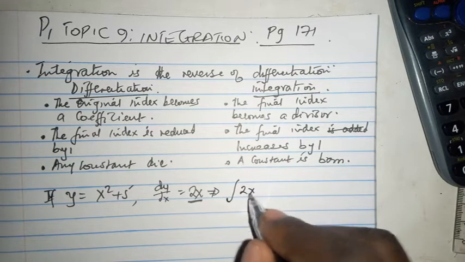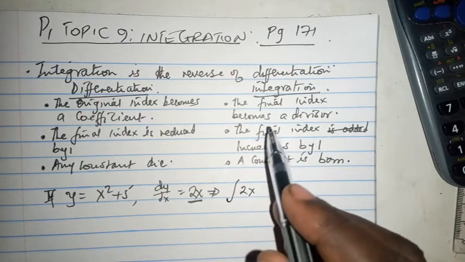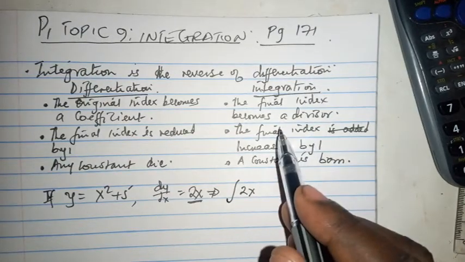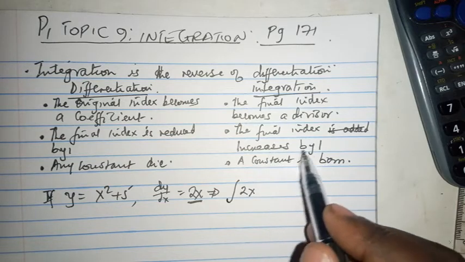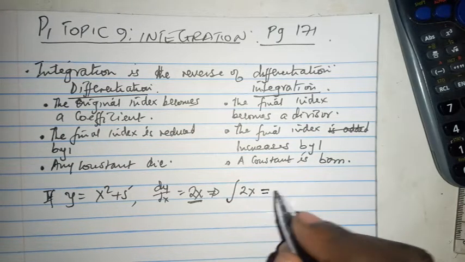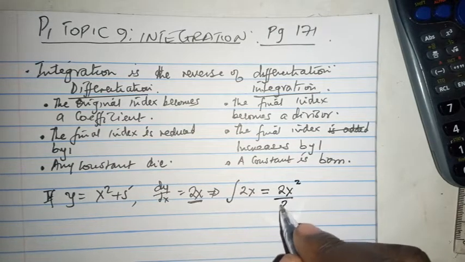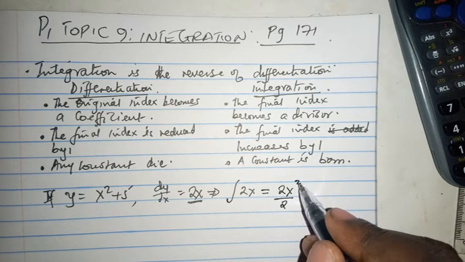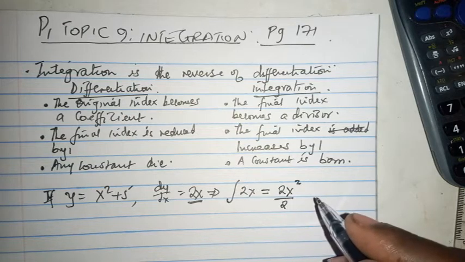Integrate 2x: the final index becomes a divisor, and the index is increased by 1. So we have 2x squared over 2, and that's the end of the story.